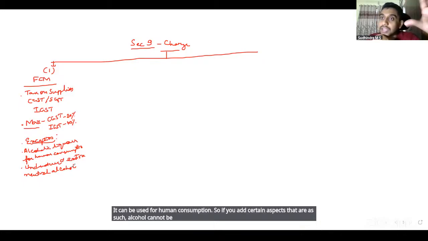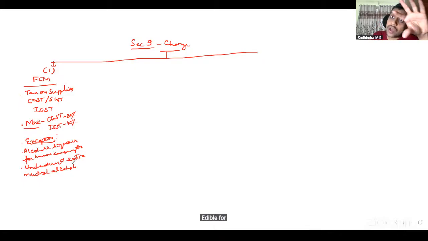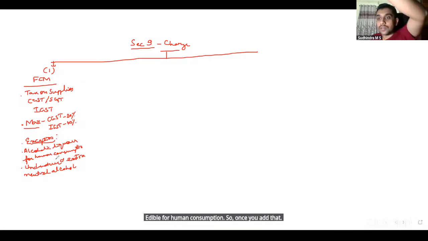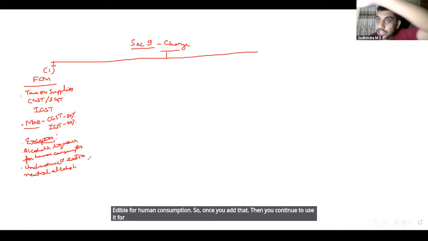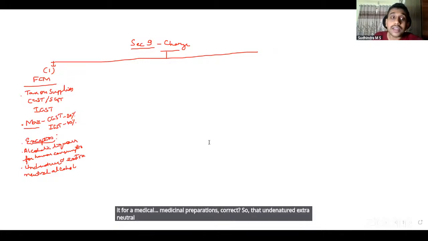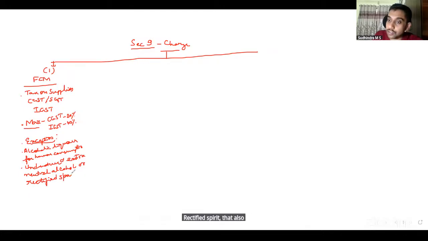They'll add various things and make it edible for human consumption. Once you add that, you have to use it for medicinal preparations, correct? That undenatured extra neutral alcohol, or rectified spirit, is also outside the scope of GST now. Similarly, subsection 2 talks about petroleum products, those 6 products there, correct?